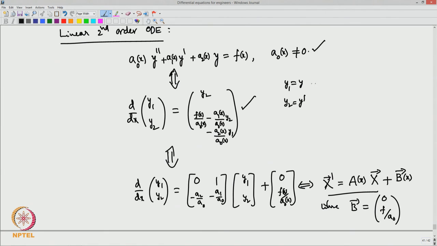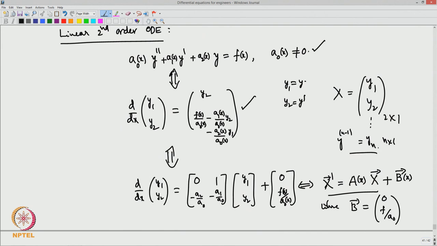Here for second order you have a x, where x is actually a vector y1 and y2, so it is a 2 by 1 vector. If it is an nth order equation you will take y1, y2, up to yn, so it is an n by 1 vector, where y1 is y and yn is the (n minus 1)th derivative of y.